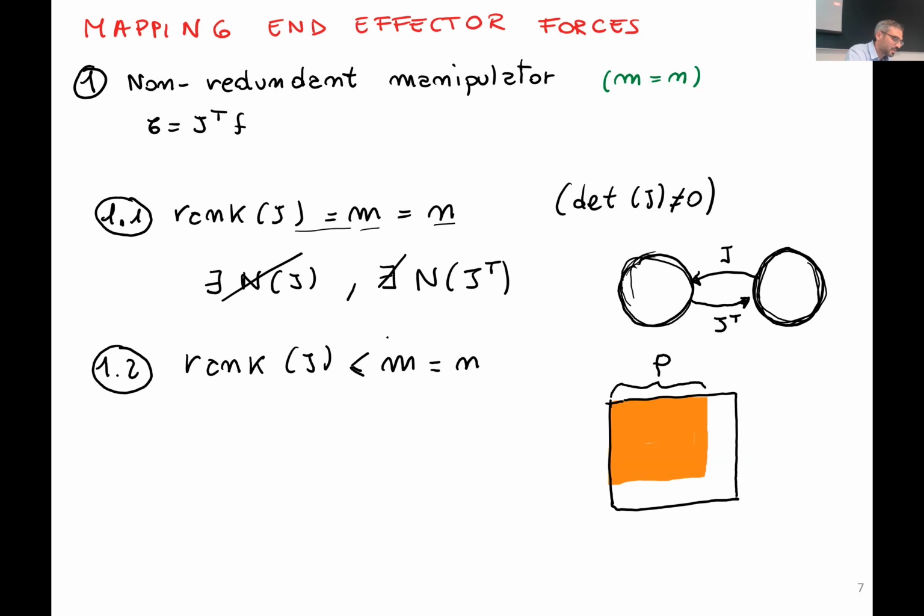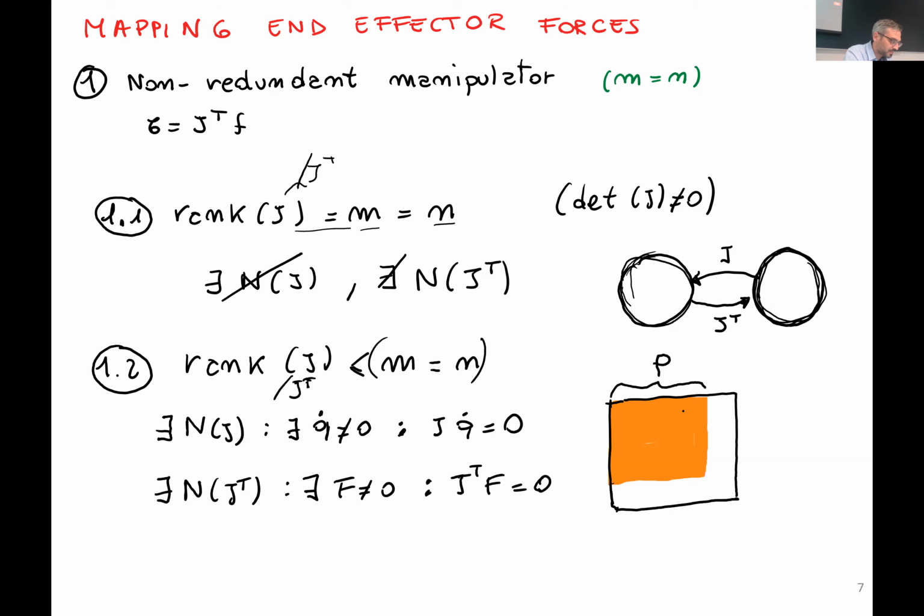While if the rank of J and J transpose is smaller than the size of the matrix, then we do have a null space for J and also a null space for J transpose.